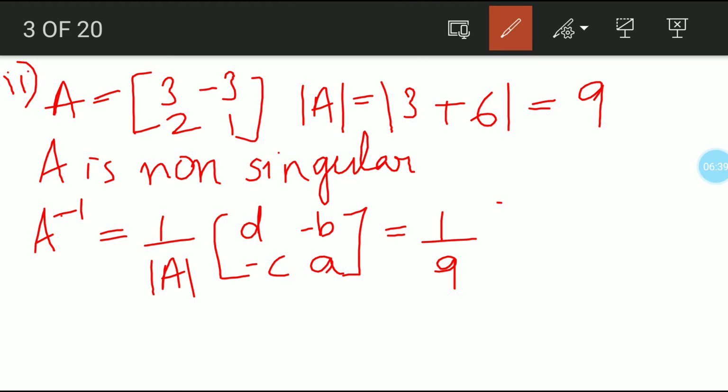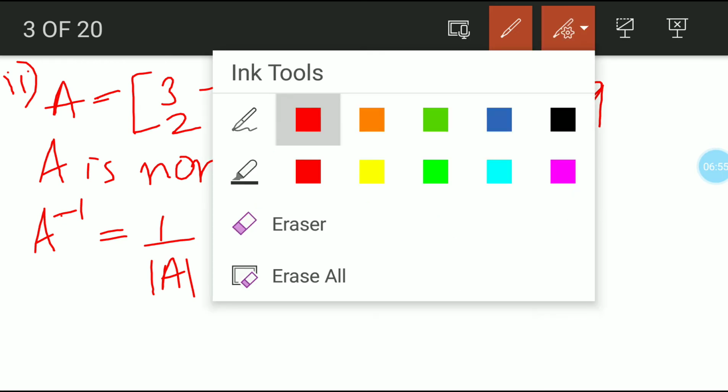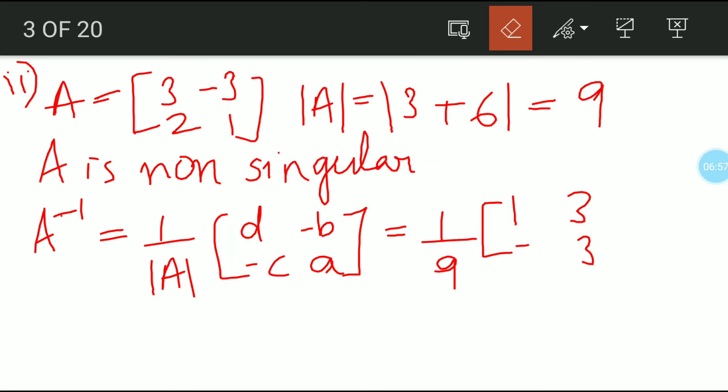So we will put 9 there, and D is 1, minus B is plus 3, because minus into minus 3 is plus 3. Now minus C, minus 2, and A is 3, isn't it? Once again I will erase this part and rewrite it. Okay, so I think it's clear now.